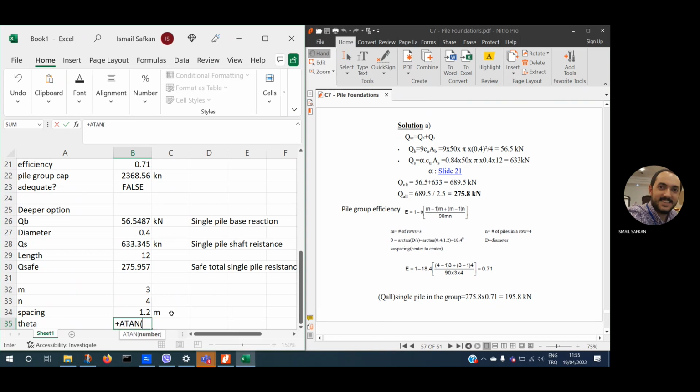Let's see if this is the property. Open bracket, diameter divided by B34.